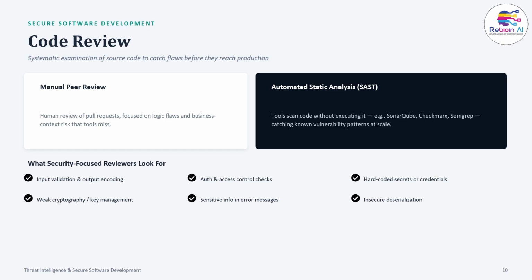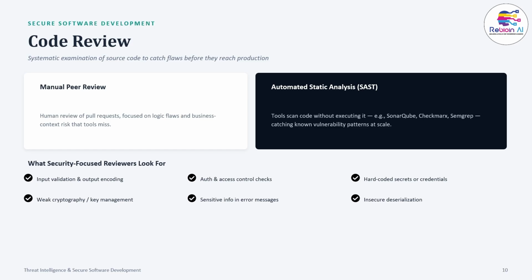What should reviewers specifically look for? First, input validation. Is user-typed data properly checked before being used? For example, if a form only expects a phone number, does the code reject someone typing in a snippet of code instead?